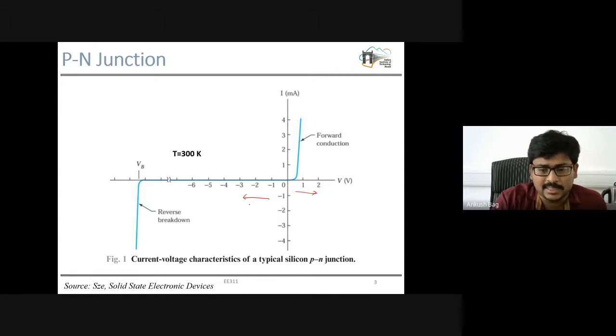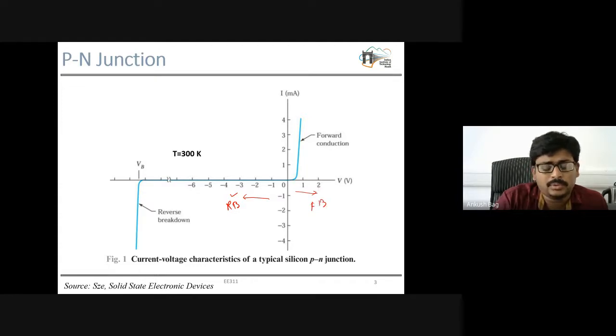As simple as that. Now, the overall objective, as I just mentioned, is how this blocking capacity arises in the reverse bias direction, and how this same device structure allows current when you are forward biasing the diode.